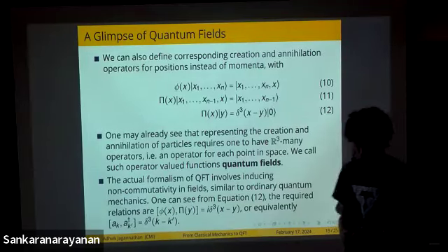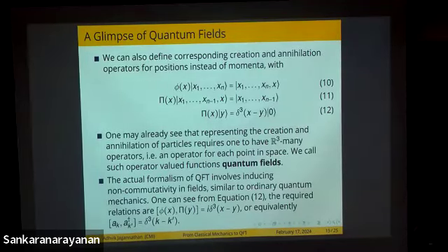So what we're doing is assigning to each point on R3 an operator. And that's why we call it a quantum field, because you have a field of operators. The word quantum comes just because quantum mechanics also involves operators.